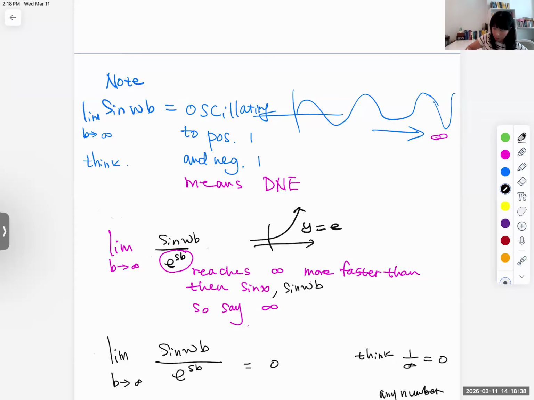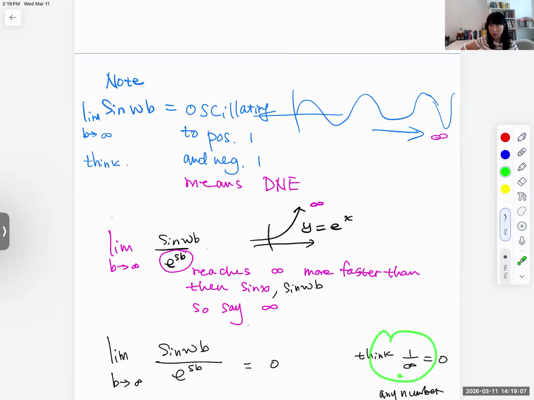So since this denominator approaches positive infinity faster, we have something constant over positive infinity, right?